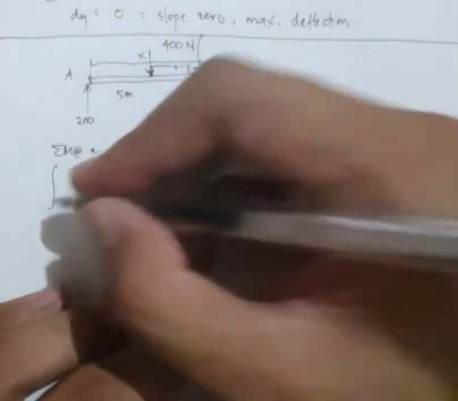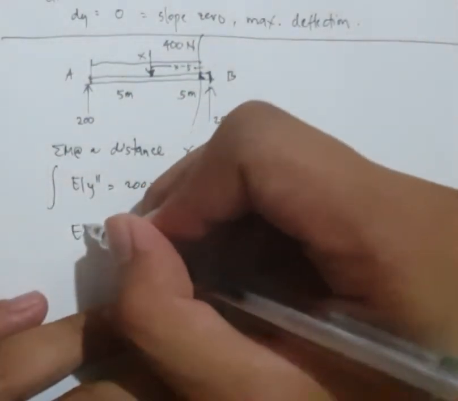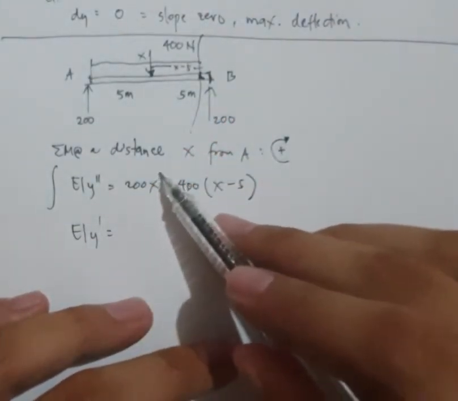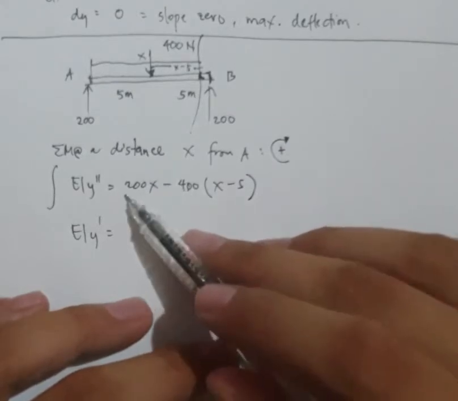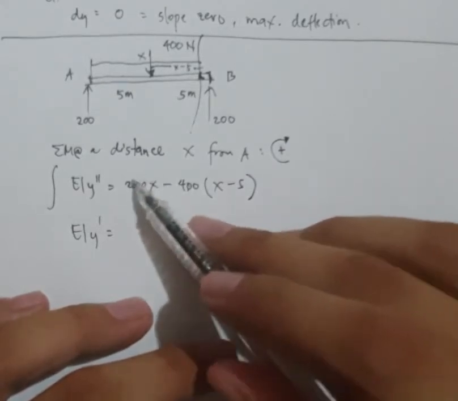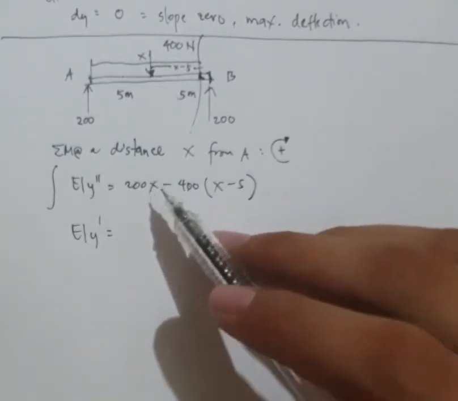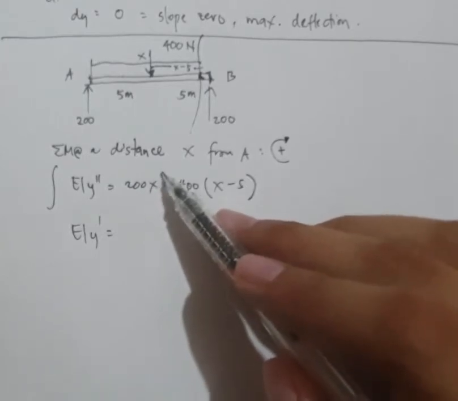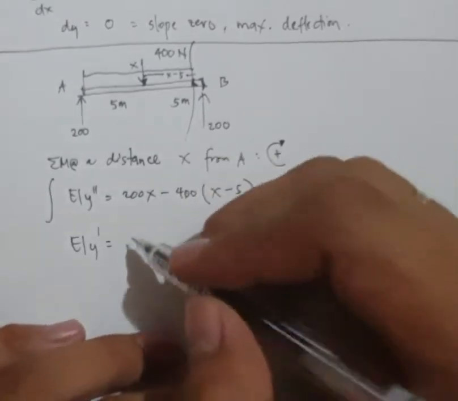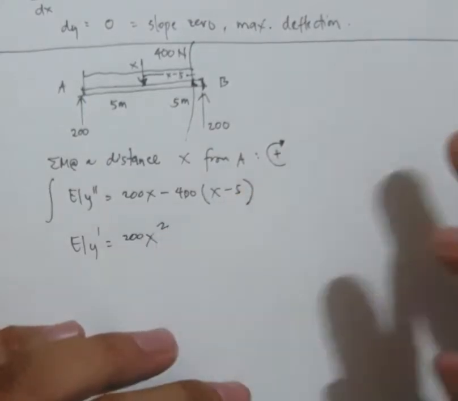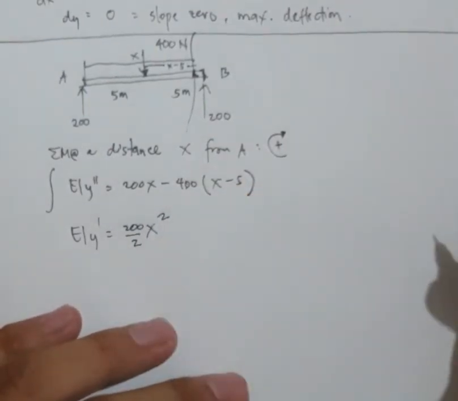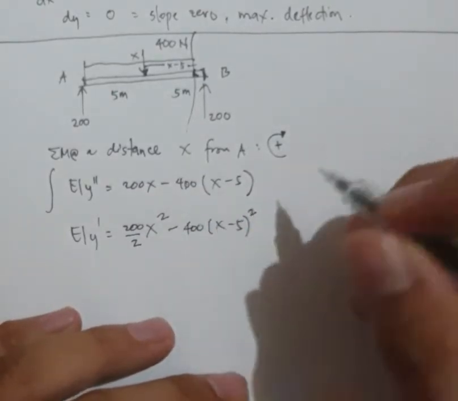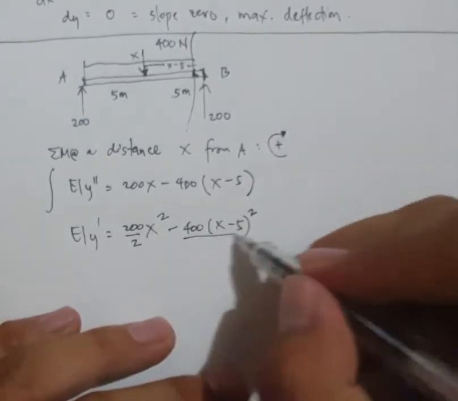If we integrate this one, we can get the equation for the slope. In integration, right, you add 1 to the exponent, then divide the whole portion by the new exponent. So that is 200x squared over 2 minus 400 times (x minus 5) squared, since 1 plus 1 is 2, divided by 2.